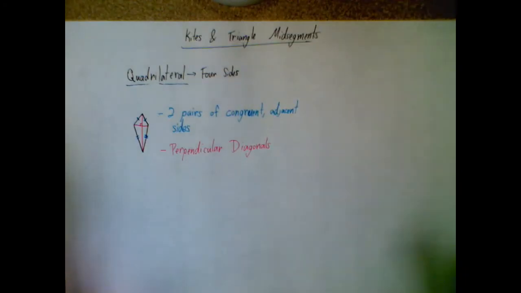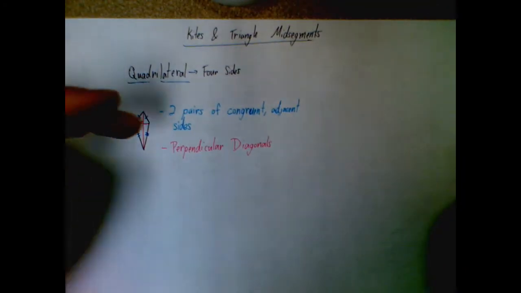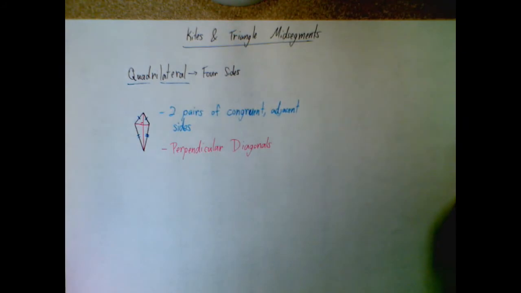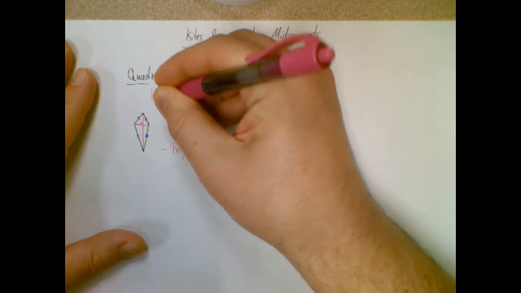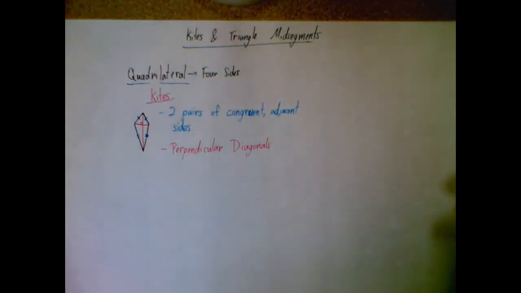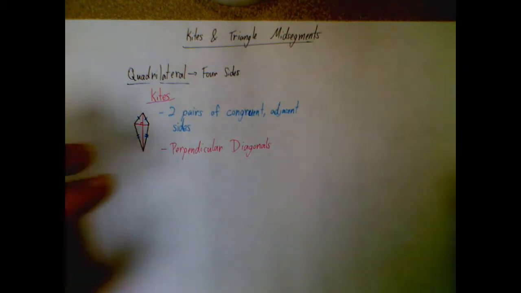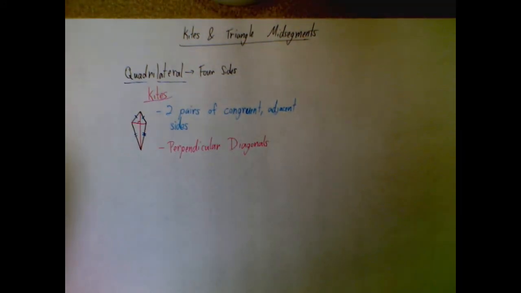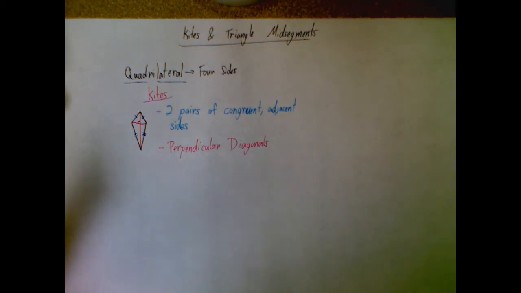And that's going to be important a little bit down the road, but right now you just want to make sure you have those characteristics down for kites. Because we're going to start classifying them based on characteristics, and these are the two main ones you want to know about kites.